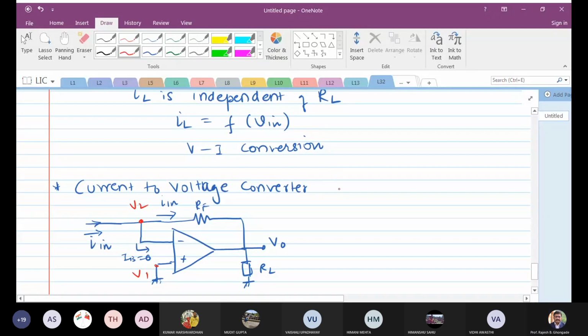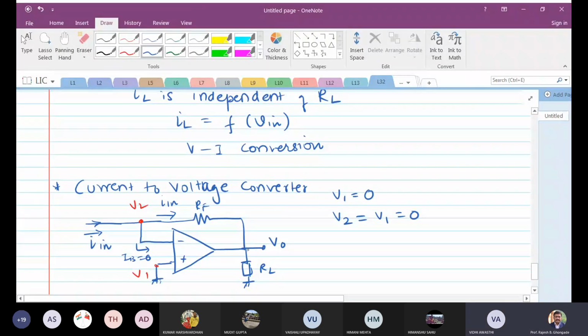Now here, what is the value of V1? It is 0. So what will be the value of V2? Again, by virtue of virtual short, V2 is 0. So one end of RF is 0 and the other end is VO, isn't it?